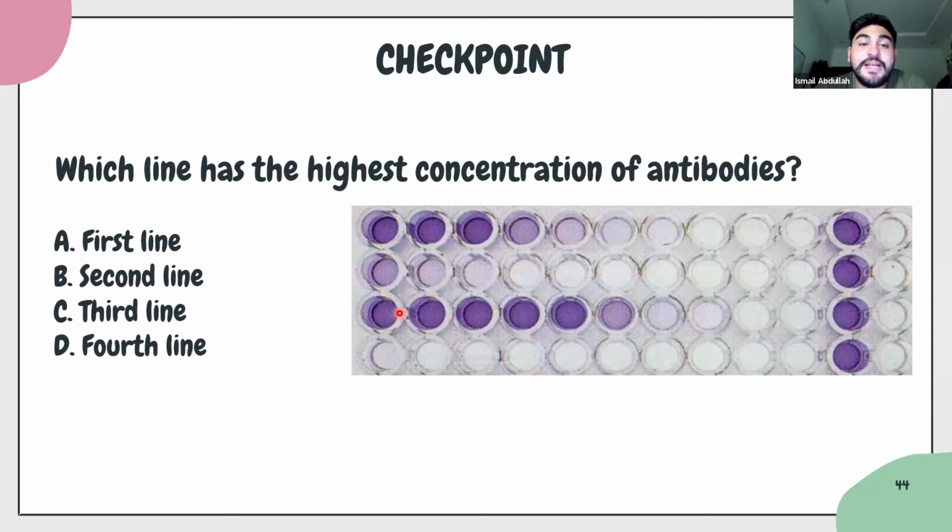I'm going to tell you why. So the highest concentration is the third line. Why? Because it's the one that has most of the bars being purple, because you want to keep trying to put these high concentrations of antibodies to kill the bacteria.